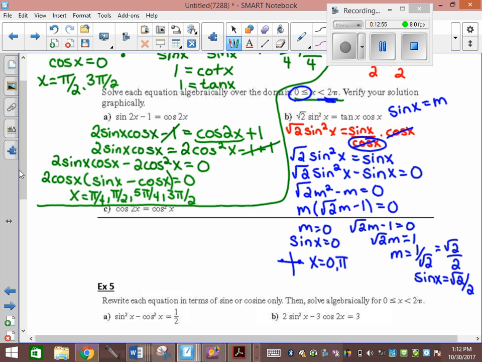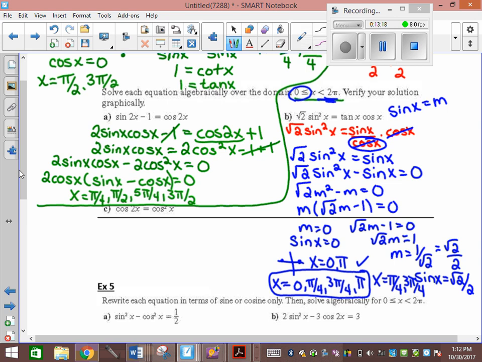So this is going to be at x equals pi over 4 and 3 pi over 4. So my answers are x equals 0, pi over 4, 3 pi over 4, and pi. And I have to make sure those aren't my restrictions. My restrictions are pi over 2 and 3 pi over 2, so I'm okay.